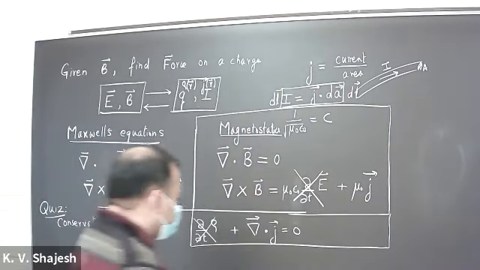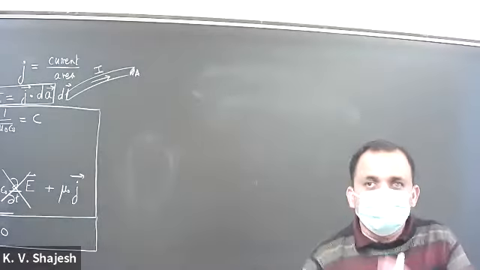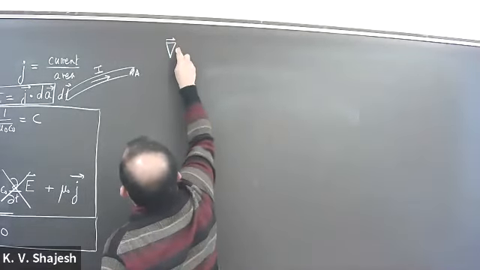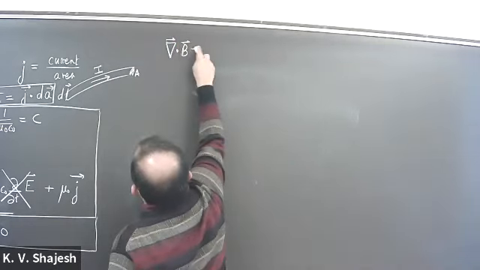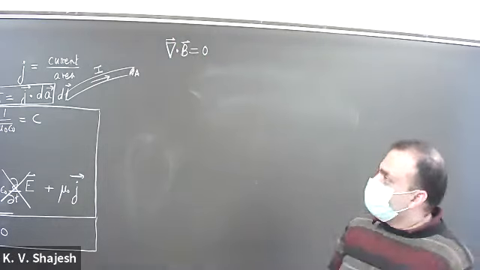So the main equation we have is the divergence of B is 0 and the divergence of curl of B is equal to J. So of course we have divergence of B is equal to 0. It's always true, irrespective of whether it was static or not.